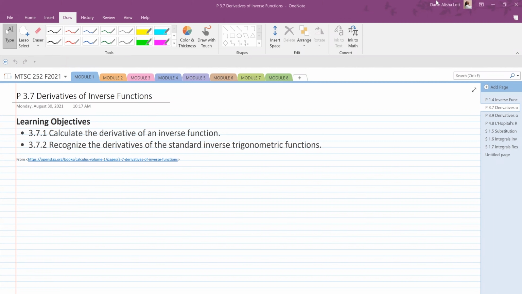The goal of this section is to calculate the derivative of an inverse function and recognize the derivatives of inverse trig functions.